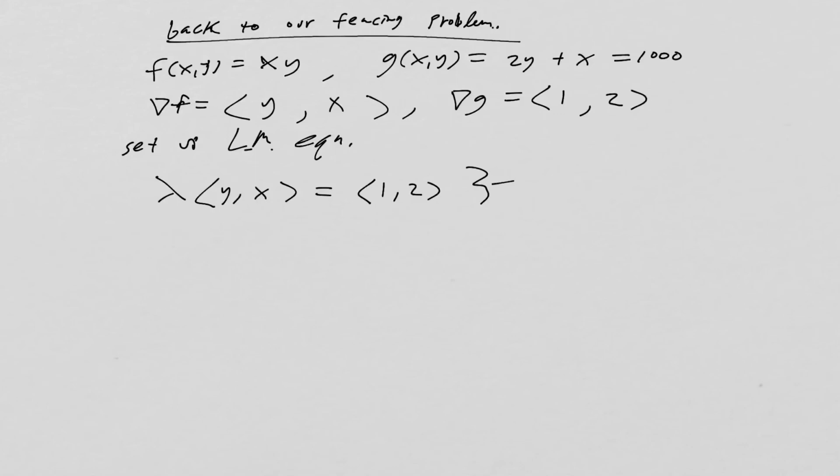Right, here we have two equations, so we can break them out into two pieces. What we really have is lambda times 2 equals y, and lambda times 1 equals x.